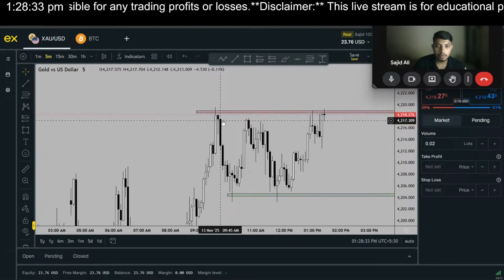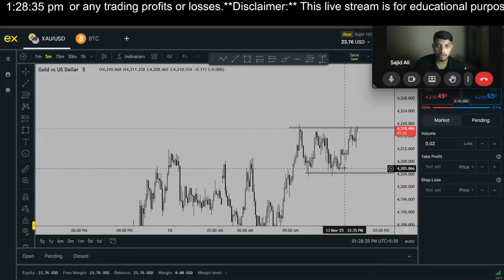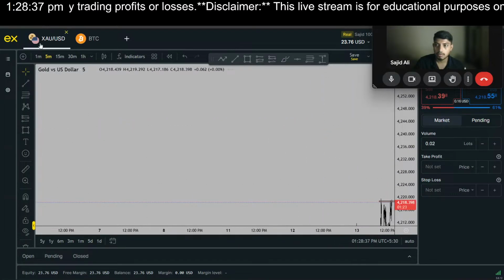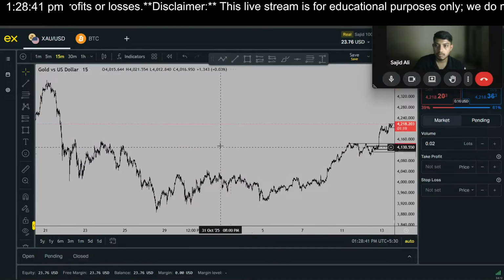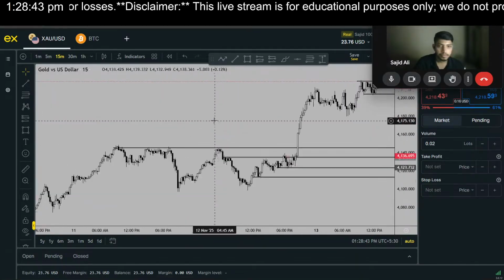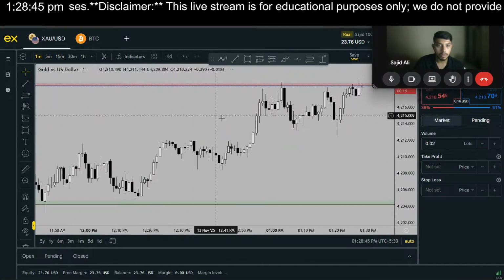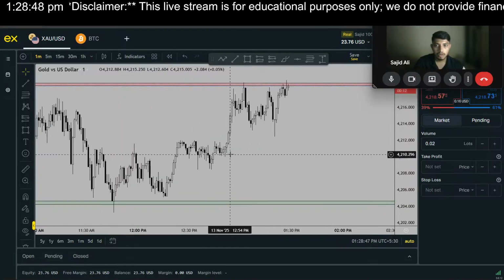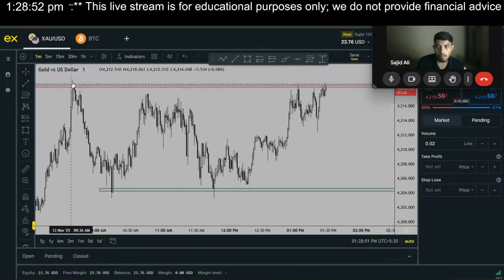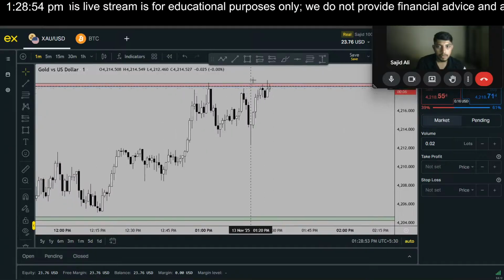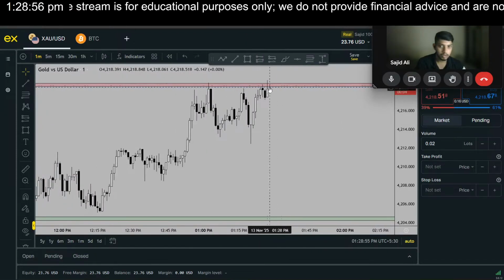Okay, let's see gold. Gold is on a good resistance. Yeah, I know we are gonna plan a sell side trade. Let it break this resistance.